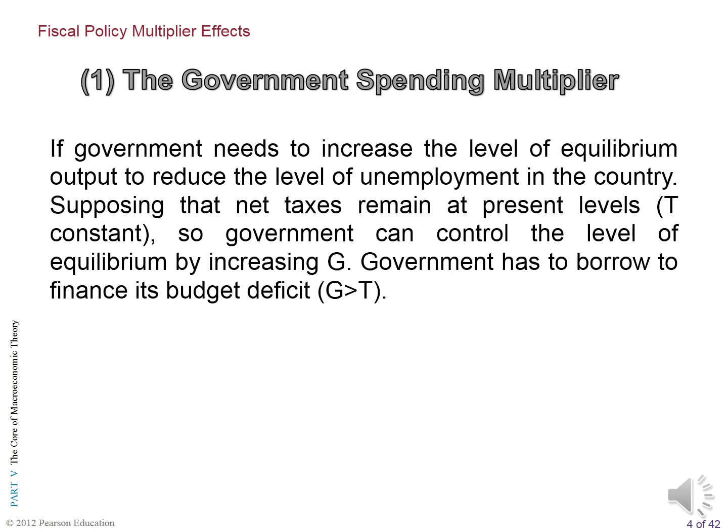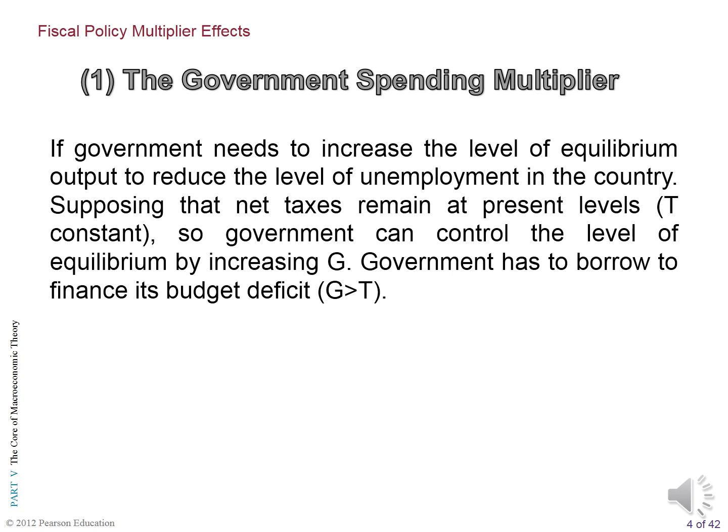First of all, the government can affect the economy through government spending or taxes. Let's begin with government spending, assuming that taxes or net taxes are constant. So if the government needs to increase the equilibrium output or equilibrium income, it can increase government spending, assuming that taxes are constant.